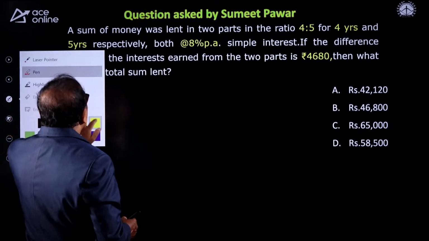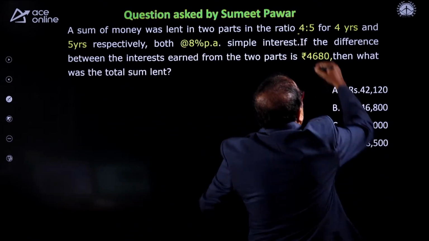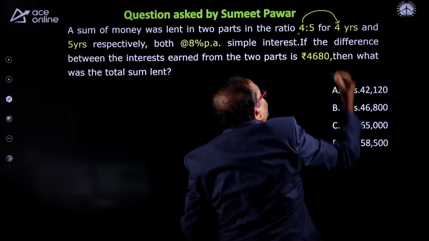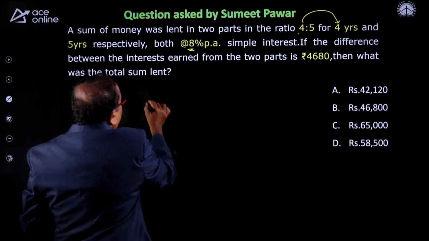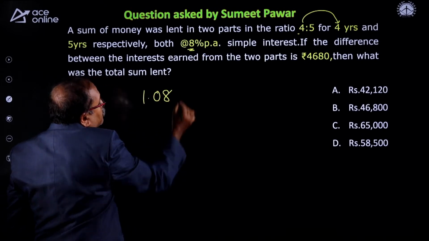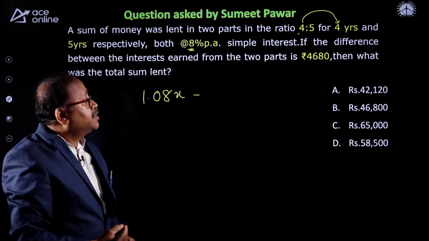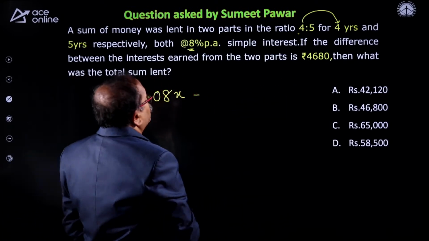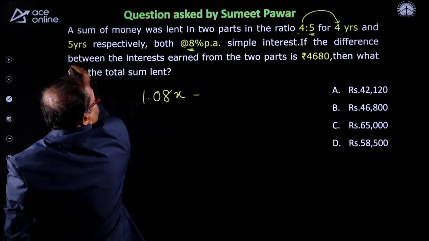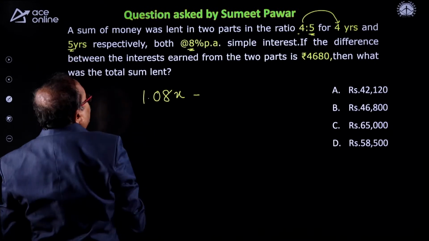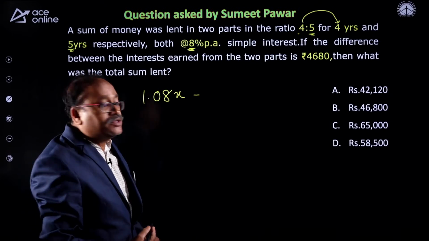So I will answer this question again. Look at this one. A sum of money is lent at 4%, and this 4%, 4 parts and 4 4s are 16, and 16 into 8 is 108, as it is percentage, 108x, minus the difference of interest is given here. So here 5 parts for how many years? 5 years. So 5 5s are 25 and 25 into 8% per annum, 25 into 8 is 200.